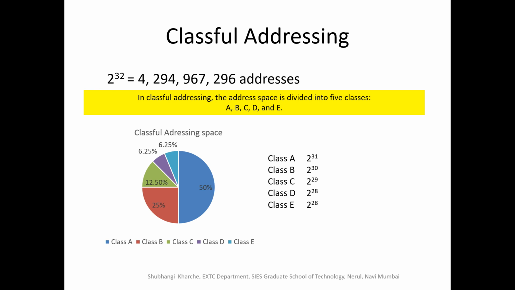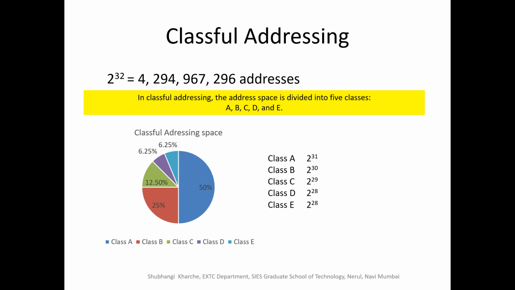Class A reserves one prefix bit for its identification. So, the number of addresses available in class A is 2 raised to 31, which occupies 50% of the total available address space.